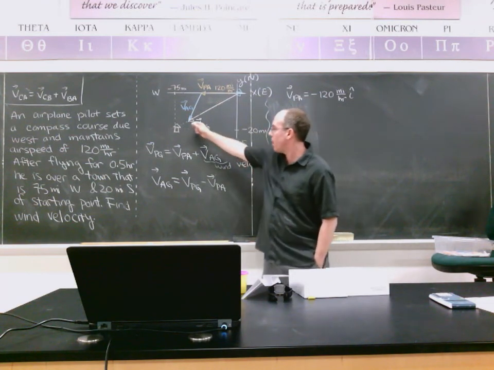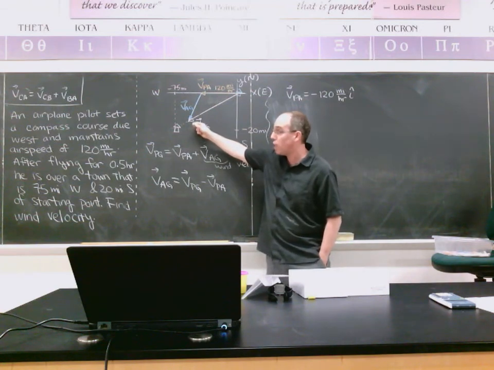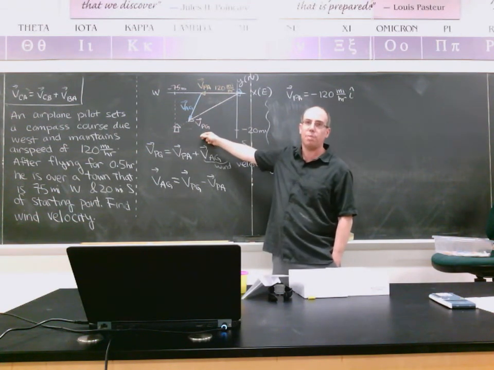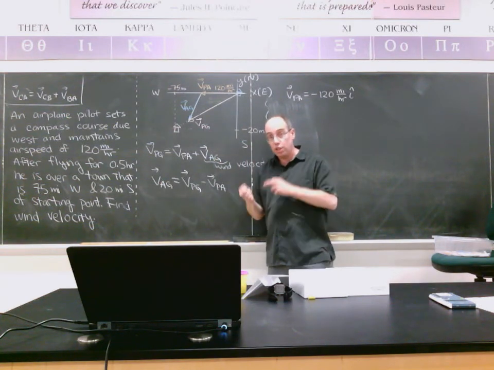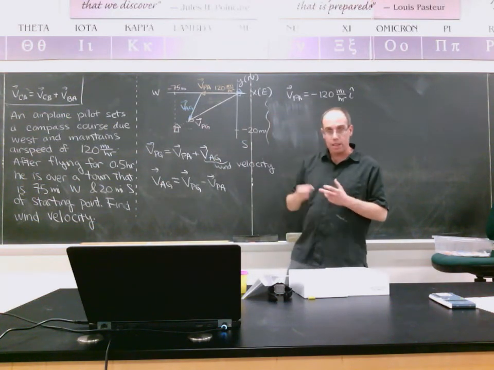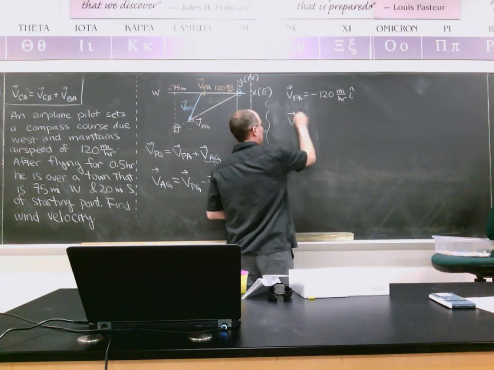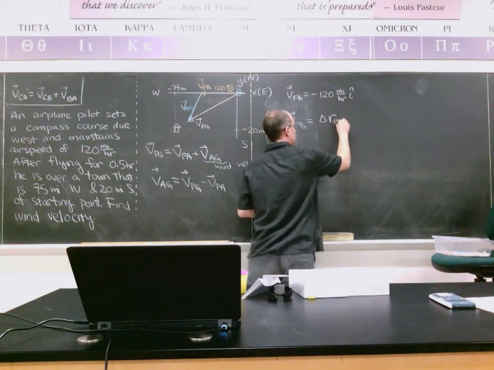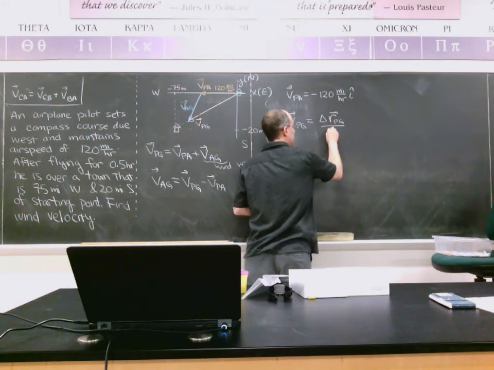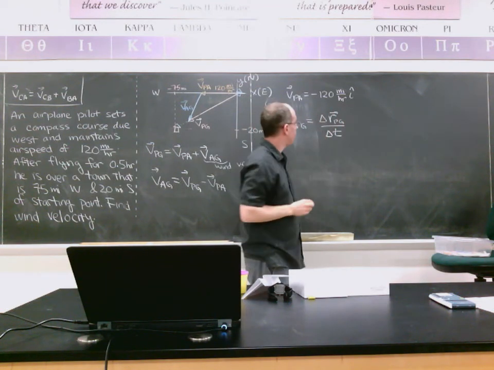So we can say velocity of the plane with respect to the ground is equal to the change in the position of the plane with respect to the ground divided by the time during which that change in position occurred.